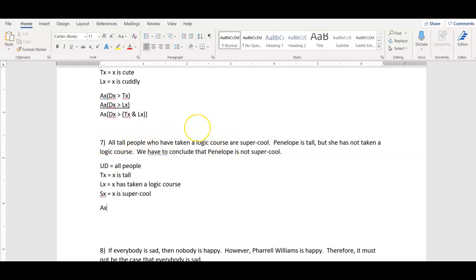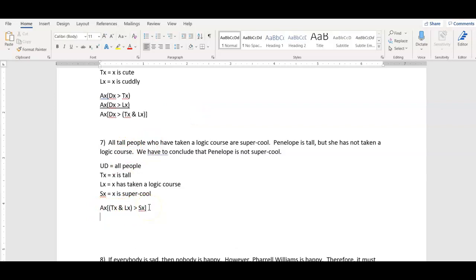So we're saying all is universal. For all X, if X is tall and X has taken a logic course, then X is super cool. Next, Penelope is tall. We didn't set a letter for her.